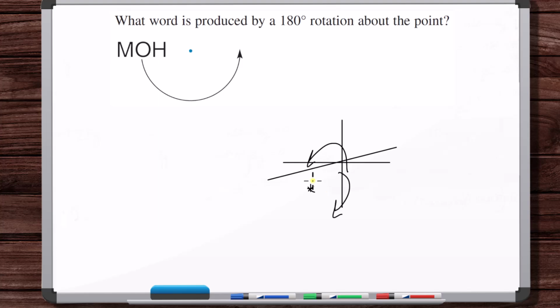But once that direction is specified, then mathematically, let's go ahead and rotate this 180 degrees in the counterclockwise direction. Not just 180 degrees, but 180 degrees about this point, right?